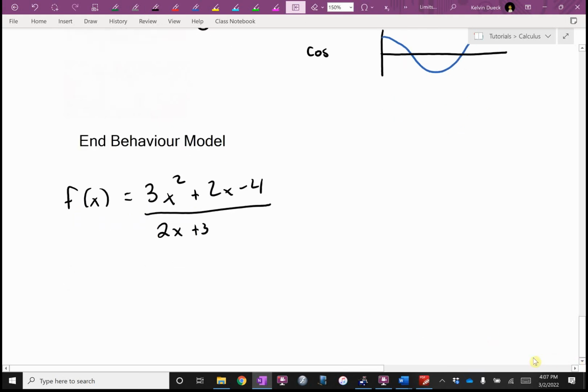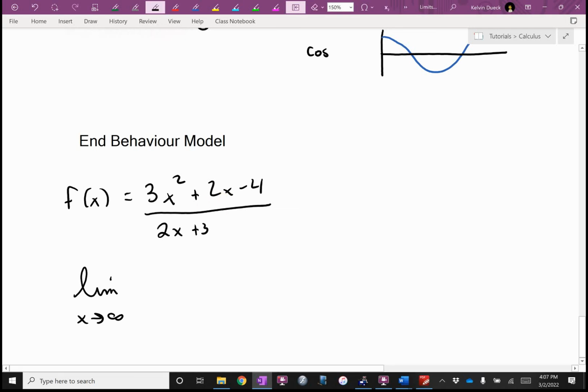What's its end behavior model? What I would do is take a limit as x approaches infinity. And we're going to try and do this in our heads. What kind of a limit are we doing, Sarah? Infinity, which means when we're doing limits to infinity, the biggest degrees are going to dominate.